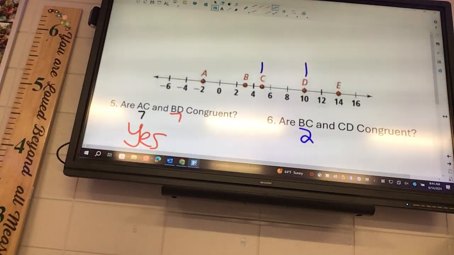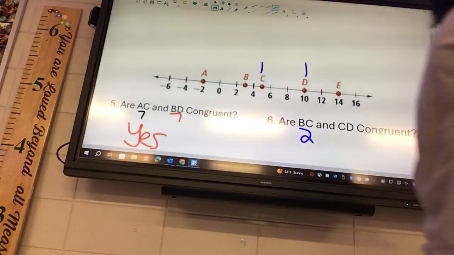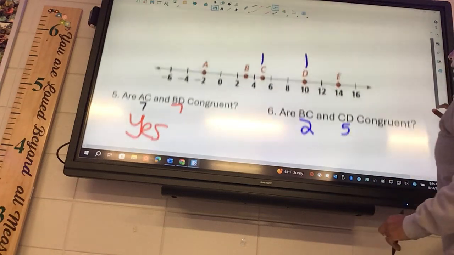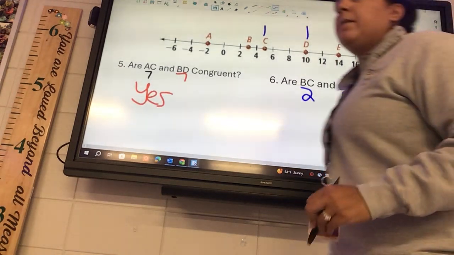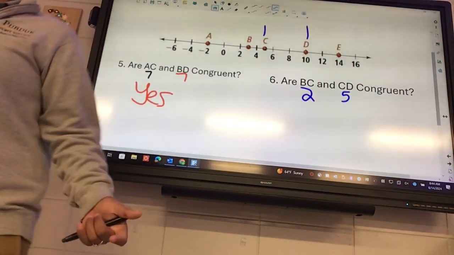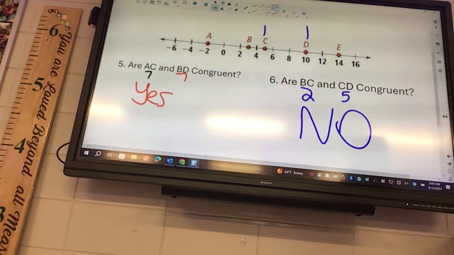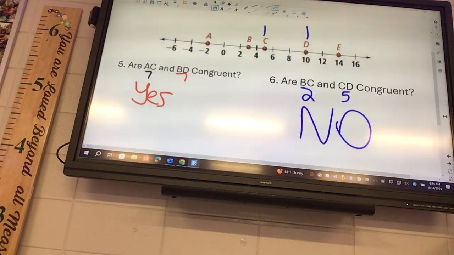What's D on? D is on 10. So from 5 to 10, how many? It's 5, right? So 5, 6, 7, 8, 9, 10. If you count on your fingers, there's 5. So this is 5. So are these congruent? No. Why not? They're not the same, right? So one's a 2, one's a 5. So no, they're not the same. So my answer is no.